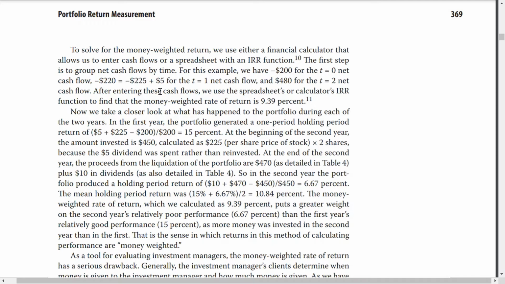Because the $5 dividend was spent rather than reinvested, at the end of the second year the proceeds from the liquidation of the portfolio are $470, as detailed in Table 4, plus $10 in dividends, also in Table 4.